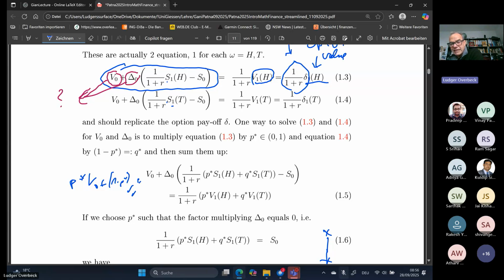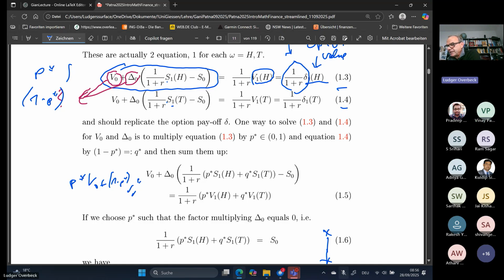We just do calculus now, or numerics, however you want to call it. We want to solve 1.3 and 1.4. We multiply this by P star, and we multiply this by minus P star. The right-hand side is here, the left-hand side is here. Now we have a free parameter, namely P star.